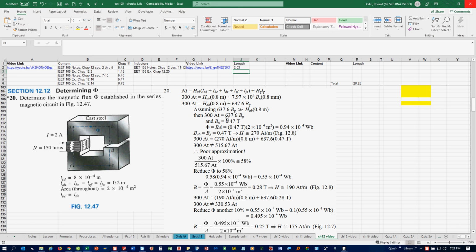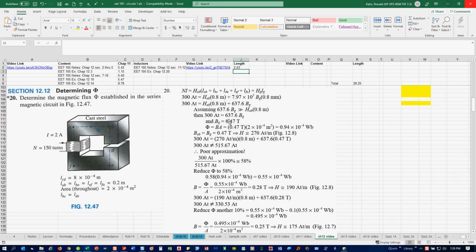So what they did here was they assumed that this term is much greater than, that's what this double greater than means, much greater than this term. So if this term's much greater than this term, basically you can say this is 0. And then he took that 300 equals 637.6 times Bg.